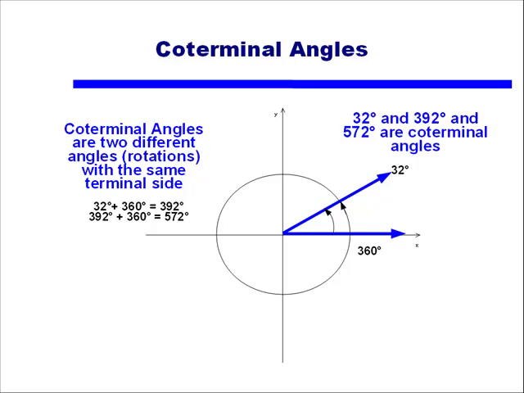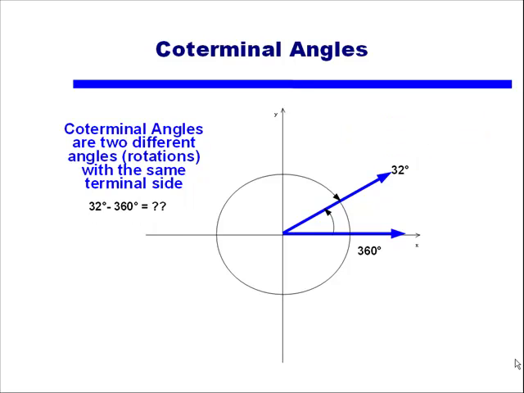You cannot tell just by looking at the terminal side which of these three angles the original angle was. Well, I've added 360 degrees. What happens if I subtract 360 degrees? That is, instead of continuing 360 degrees counterclockwise, what happens if I go backwards, if I go clockwise from 32 degrees?